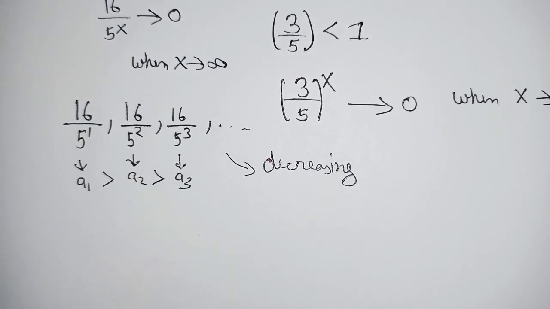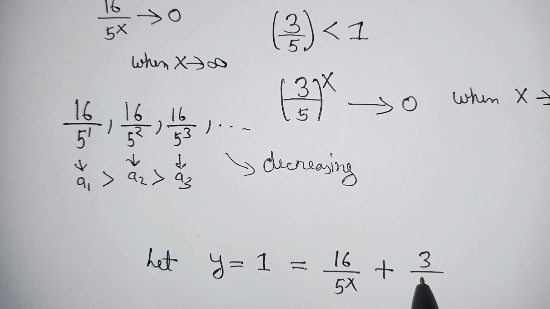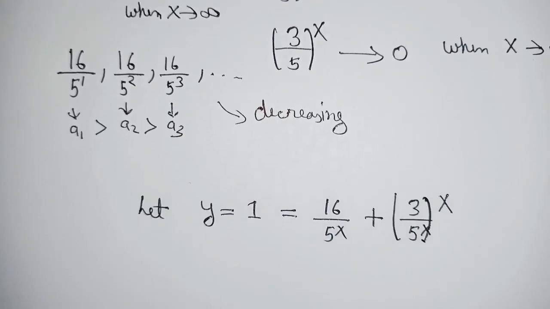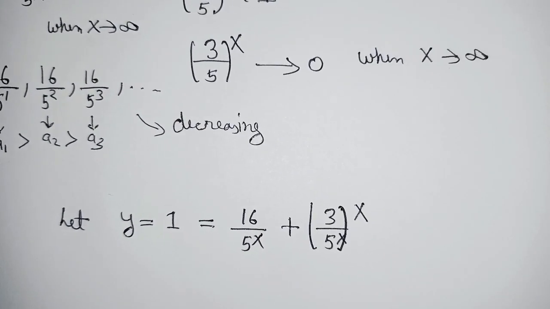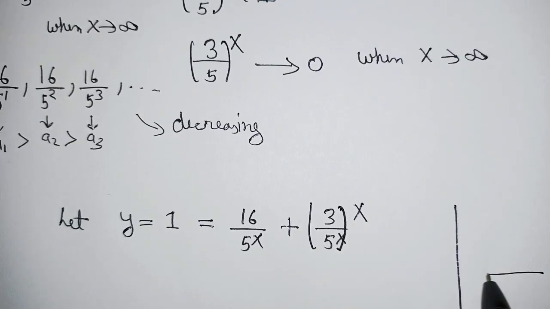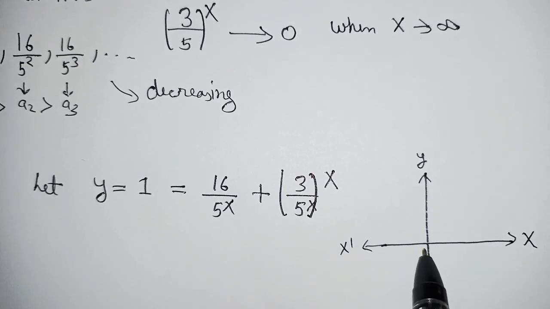Now let y = 1, which is equal to 16/5^x + (3/5)^x. Now when you check these parts on the Cartesian plane, how to check? Suppose this is the Cartesian plane, this is the y-axis and this is the x-axis, this is the negative part x', and this is the negative part of the y-axis, that is y', and this is the origin.